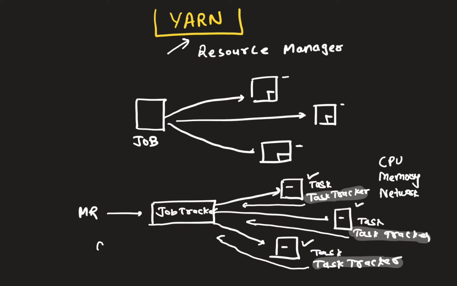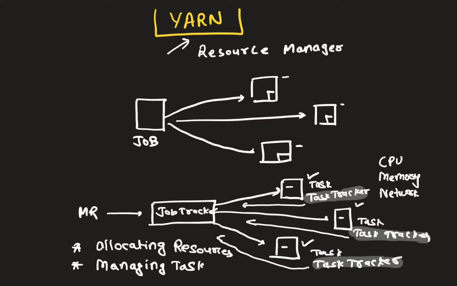First thing is that it is allocating resources for your job, and the second thing is that it is also managing your tasks. So whether any task is failing or not, whether all the tasks are running fine or not, all the task trackers are reporting the status back to the job tracker. So in a way, your job tracker does two things, allocating the resources and managing the tasks, and this used to happen in Hadoop 1.